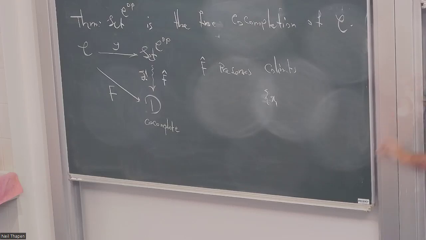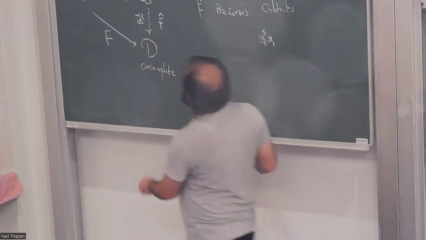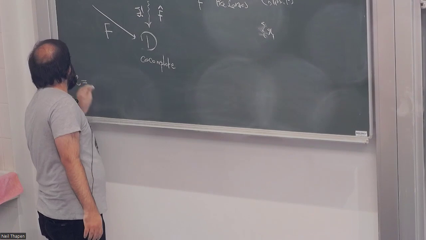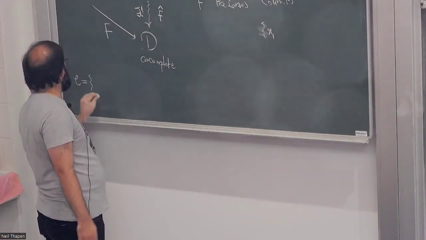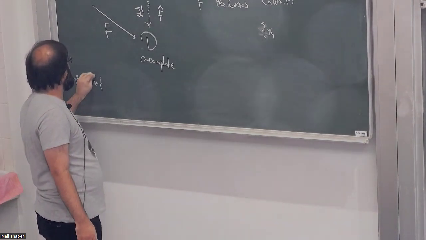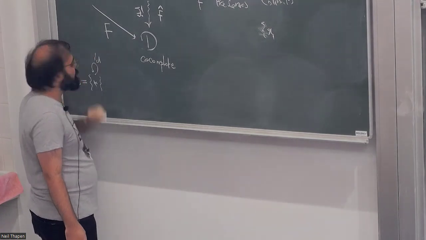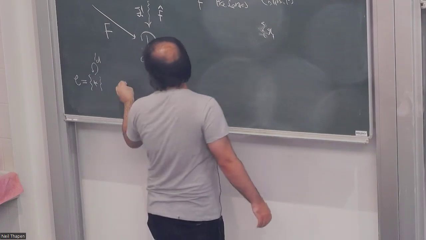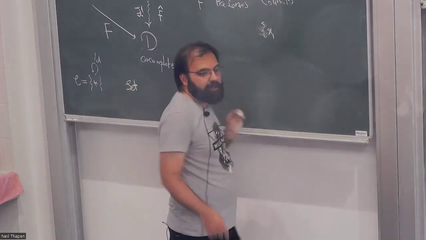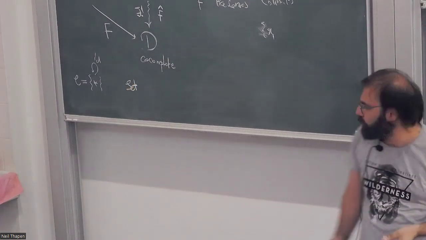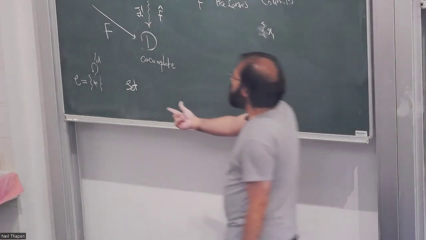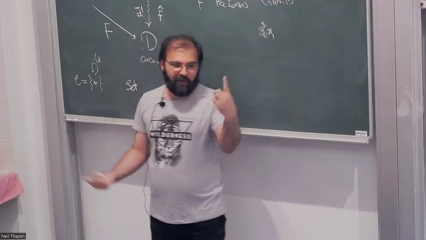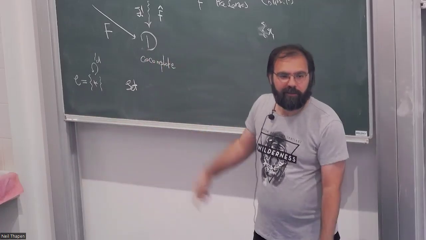So maybe it's good to have this. Let's say that C is just the category of one object, the identity. So this is just the obvious category. And then the cocompletion of this, I'm claiming, is Set. So let's try to cocomplete this guy, right? You have just one object and you want to cocomplete.